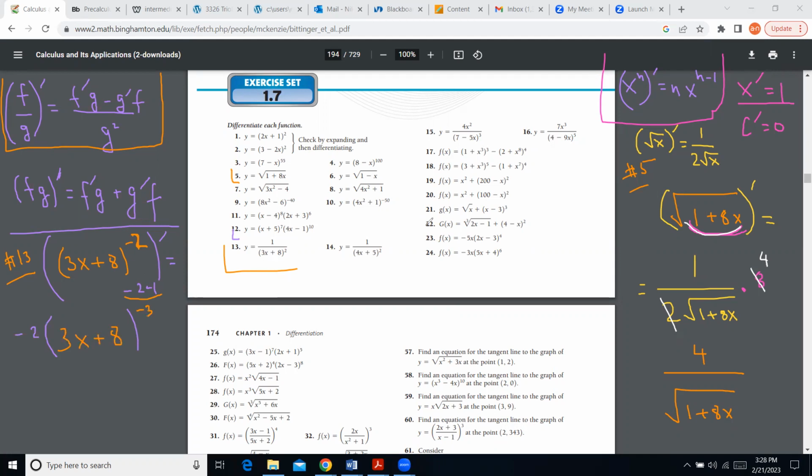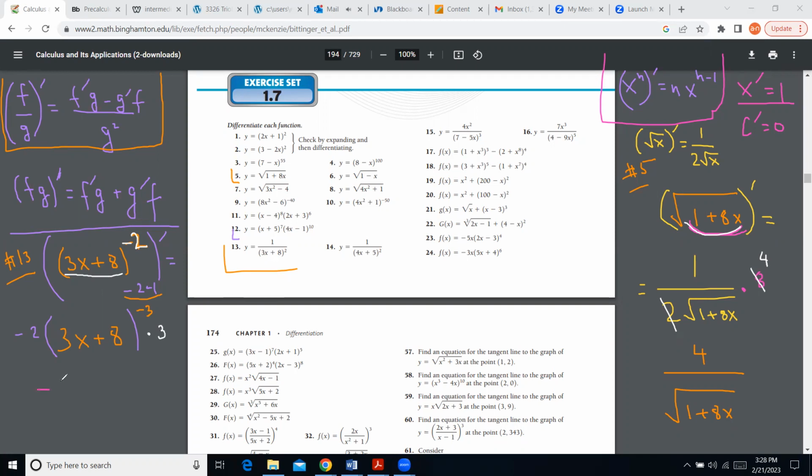But this is not over yet, because all I differentiated was just the outside power -2. Now, time to see what's inside the parentheses, right? And multiply by derivative of 3x, which is just 3. And derivative of number 8 is 0 because it's constant.